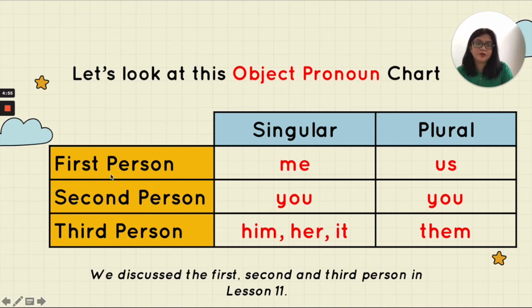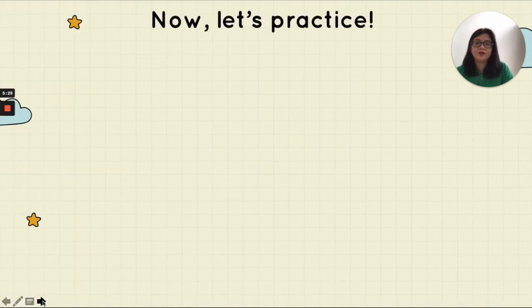Second person is the person that you are talking with or talking to, and the third person are the people that you are referring to, which are not in front of you, they're away from you. And then the number of nouns can be singular or plural. If it's only one, then you will use me, you, him, her. If you're talking about plural nouns, then you will use us, you, and them. We will have more examples to practice using these different object pronouns.